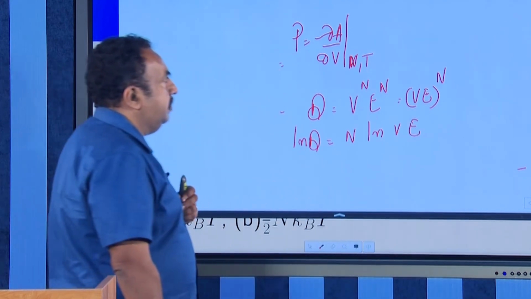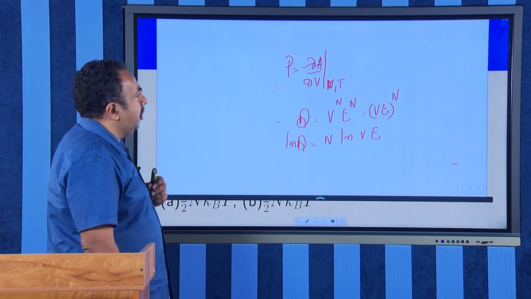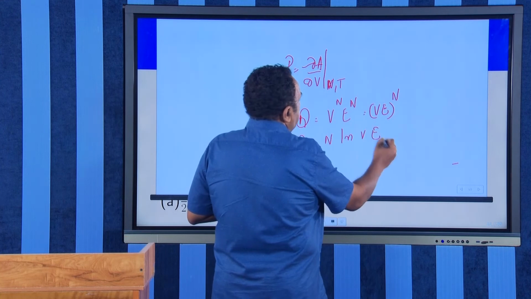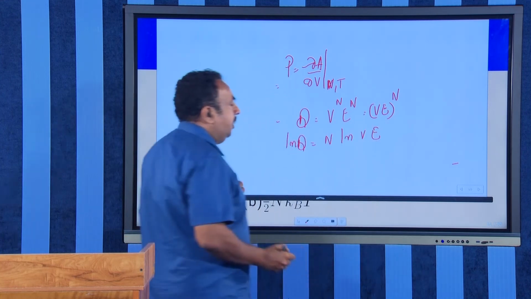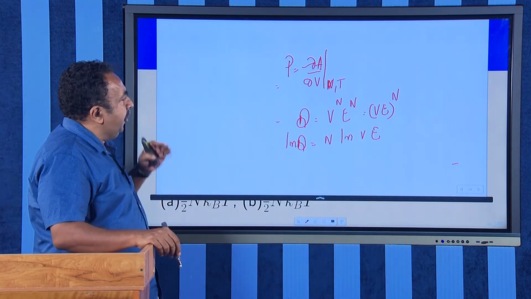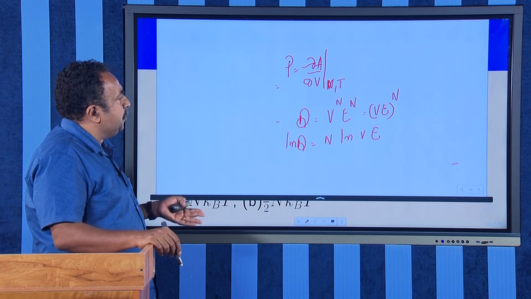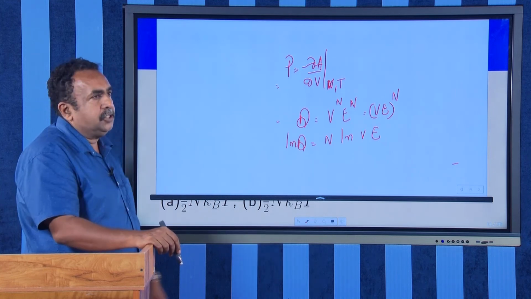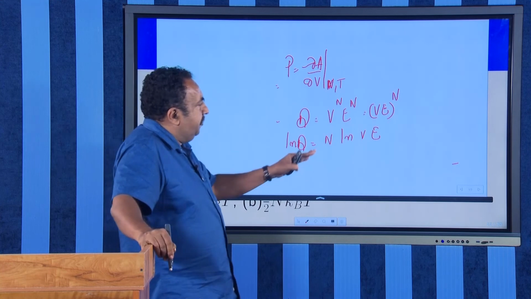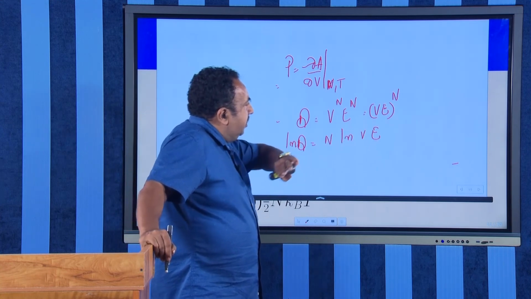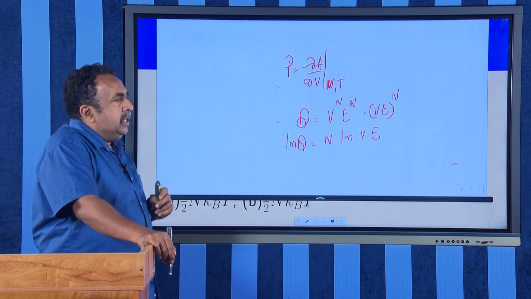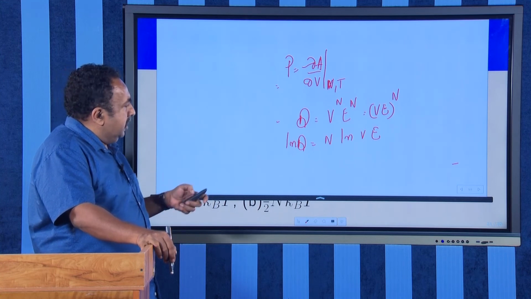Instead of e you can have some other constant also. If you are taking the partial derivative only with respect to V, all other things will be constant. Therefore, there is no need to take the partial derivative of e. This is how you can solve it.